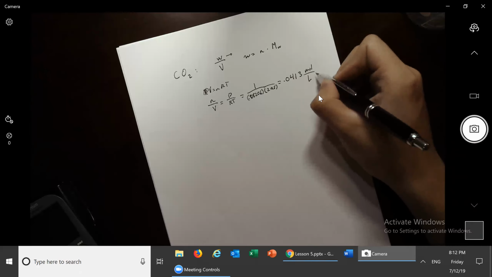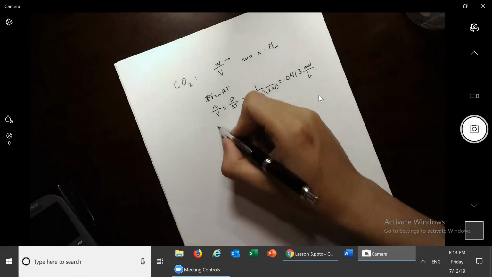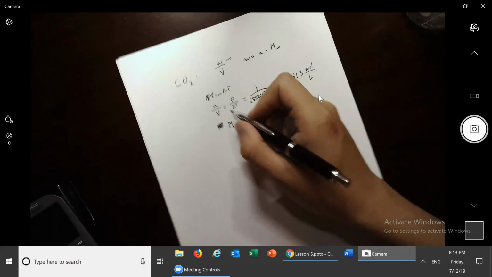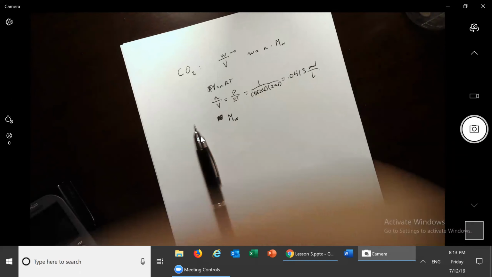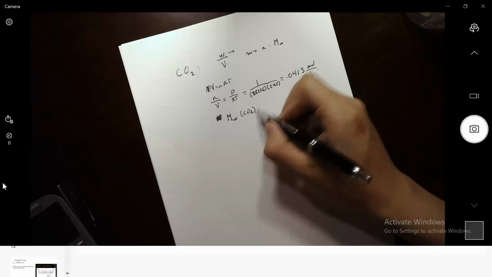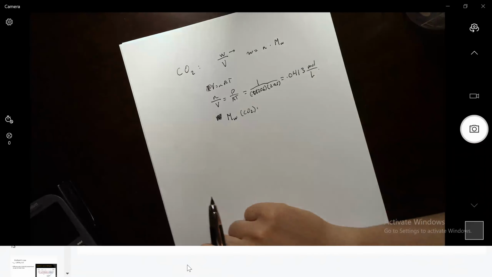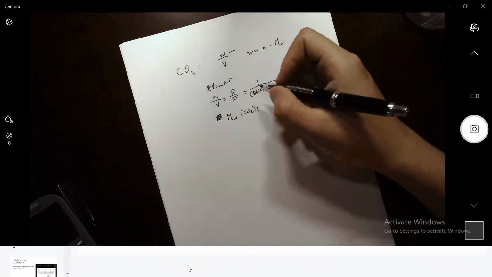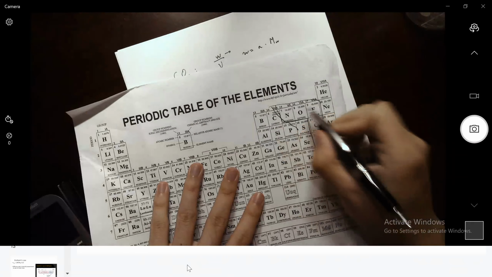Now, can someone tell me what the molecular weight of CO2 is? Look at your periodic table. Here's carbon, here's oxygen.